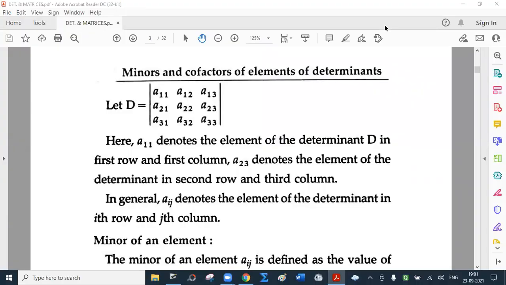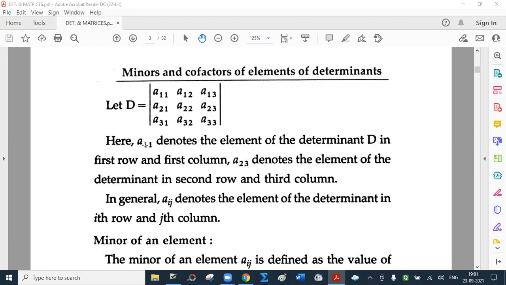Now minors and cofactors of elements of determinant. Let D be the determinant. A11, A12, A13, A21, A22, A23, A31, A32, A33. Don't read this as A eleven, A thirty-three, etc. Here A11 denotes the element of the determinant D in the first row and first column.